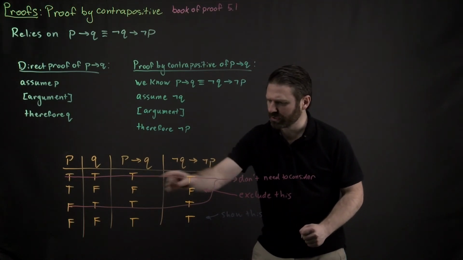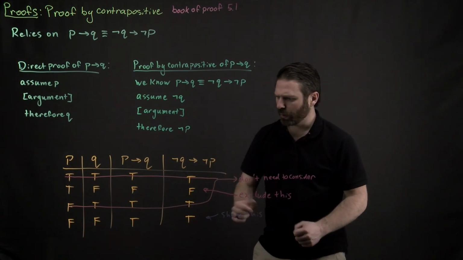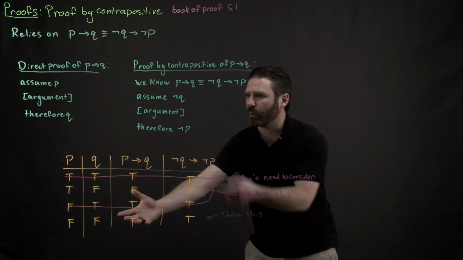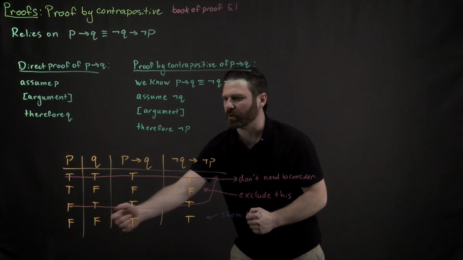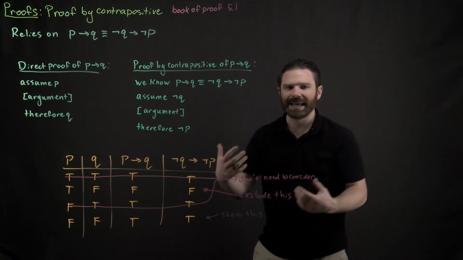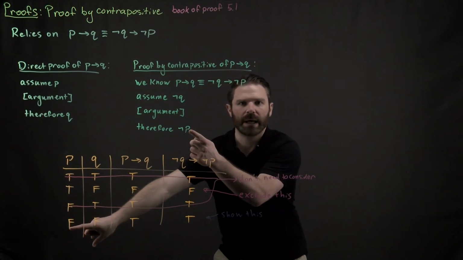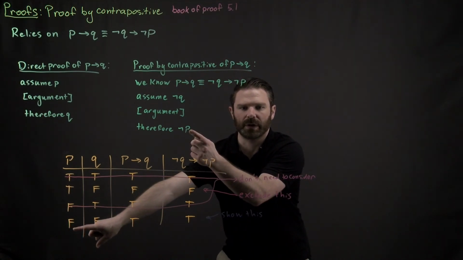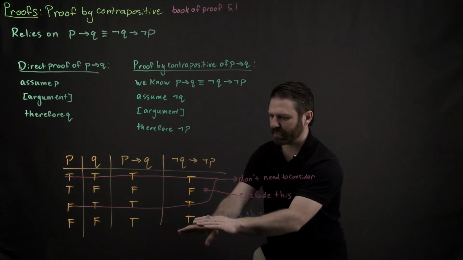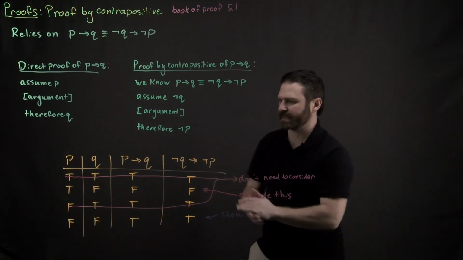So we want to exclude that case and we want to show this. Well, what involves showing this? Well, we already know not Q, so Q is false. So what we would have to conclude is that P is also false. P being false right here, we would have to conclude not P, that P is false. So we want to show this last row right here and exclude that second row.